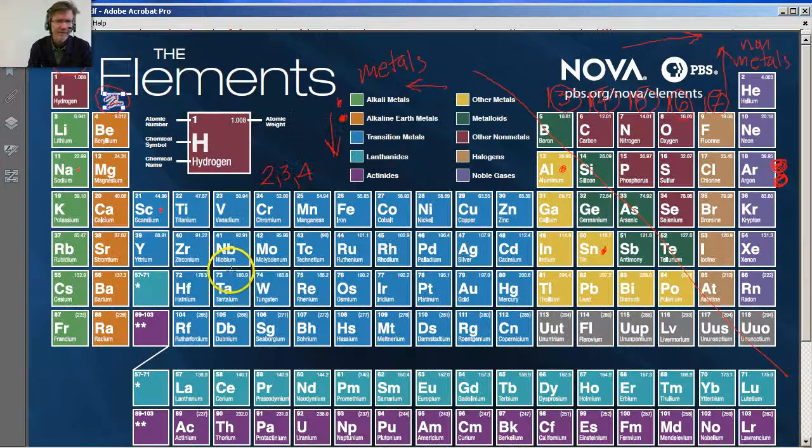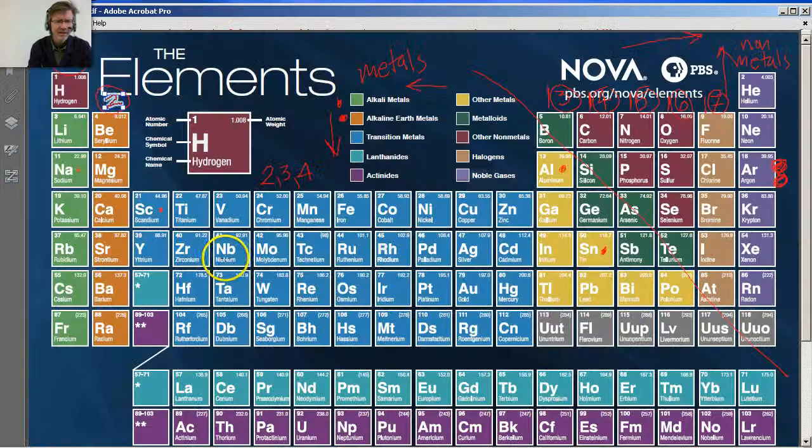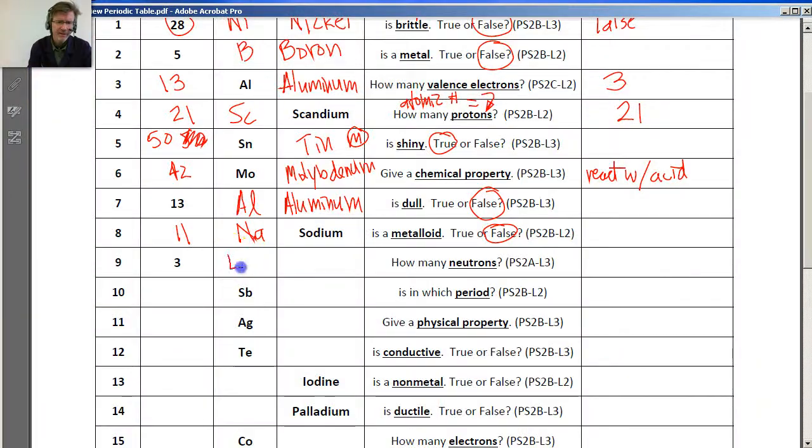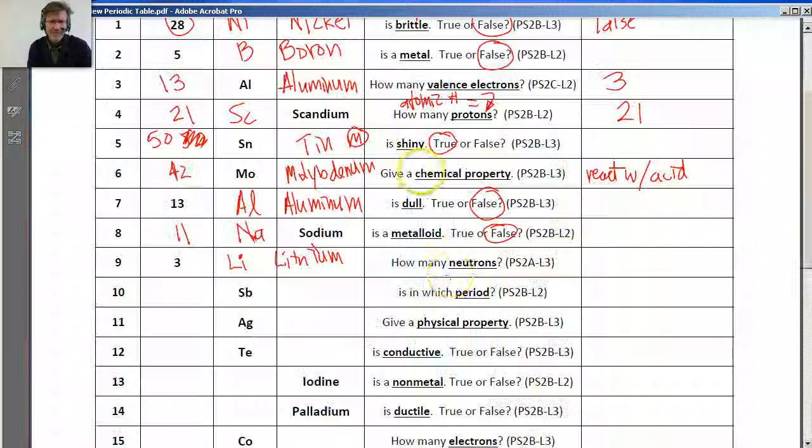All right. Atomic number 3. That's called lithium over here. Li. Lithium. Is lithium a metal or non-metal? It's a metal. It's over here to the left. All right.